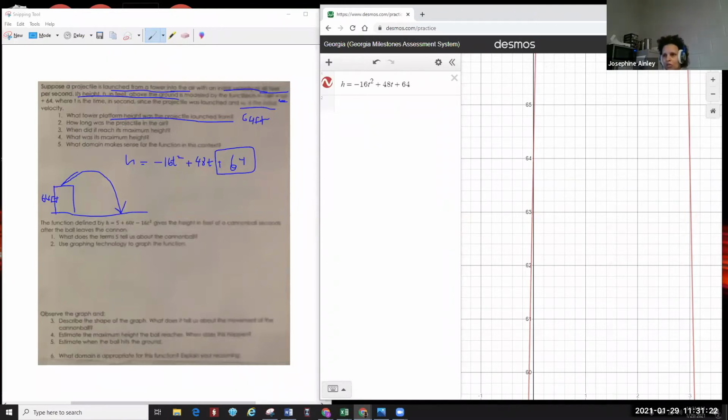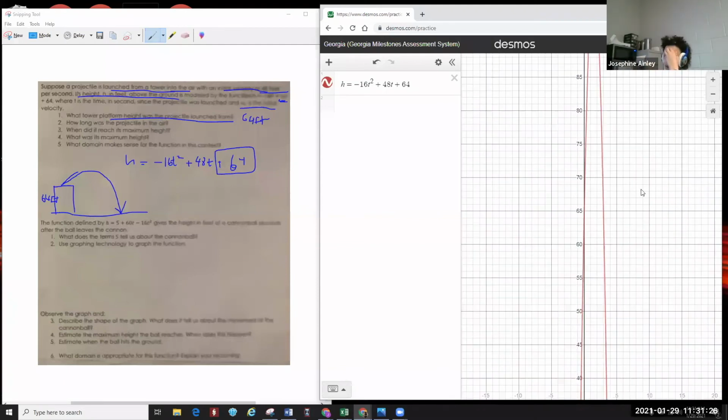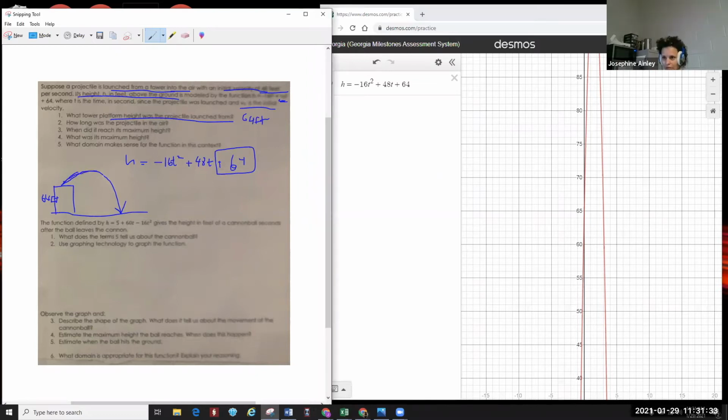How long was the projectile in the air? That means I want to know how long it went up and then came back down, so from 0 to some number here. Remember, whenever you're solving a quadratic, if I put it equal to 0, where the height is equal to 0, because at the point where it hits the ground the height is 0, because it came from the tower all the way to the ground.